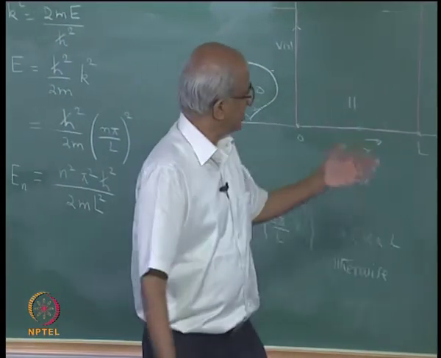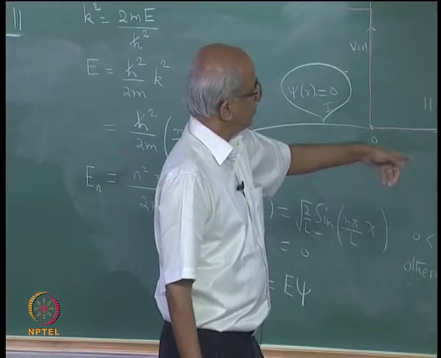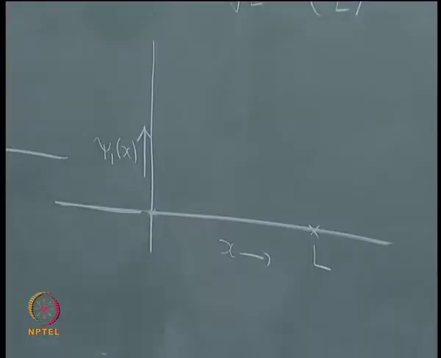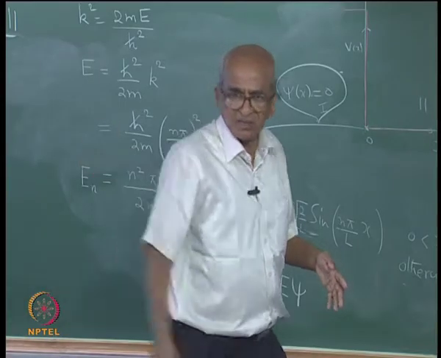So what is of interest is the value of the function within this box, and sine functions, we know how they depend. They are actually sinusoidal, so to say, they represent waves.